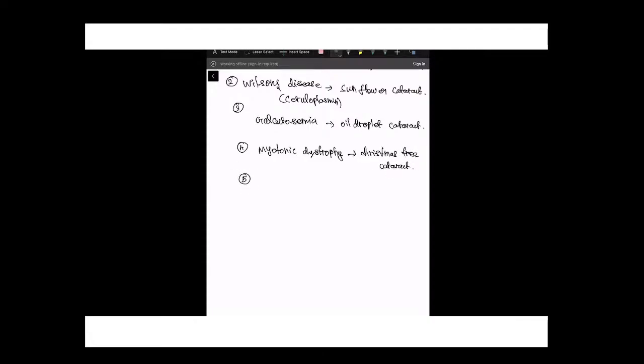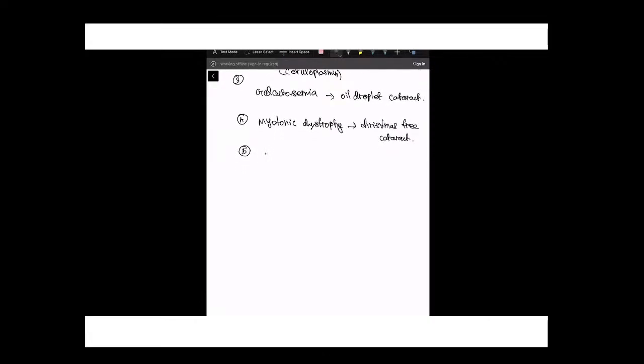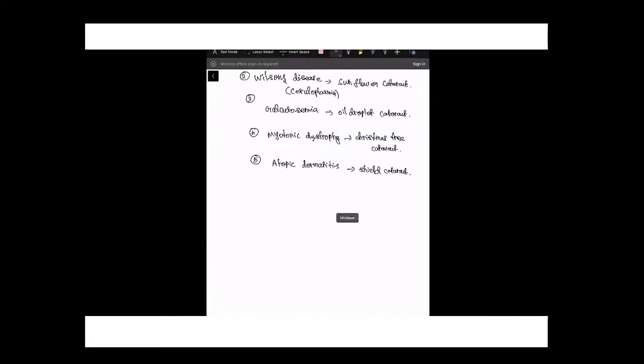Atopic dermatitis. In atopic dermatitis, we get shield cataract.